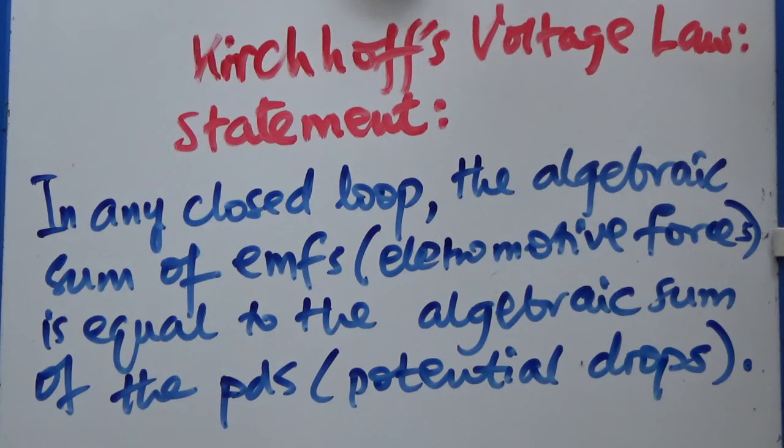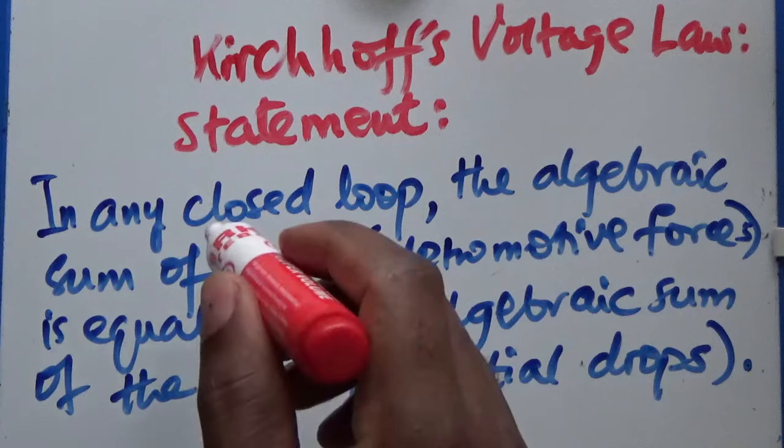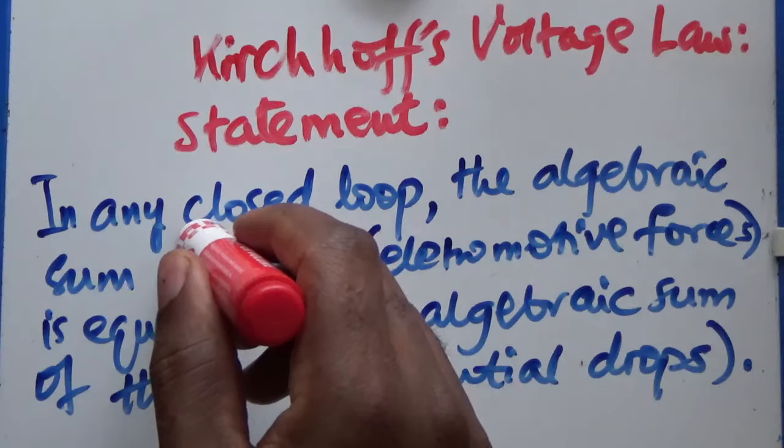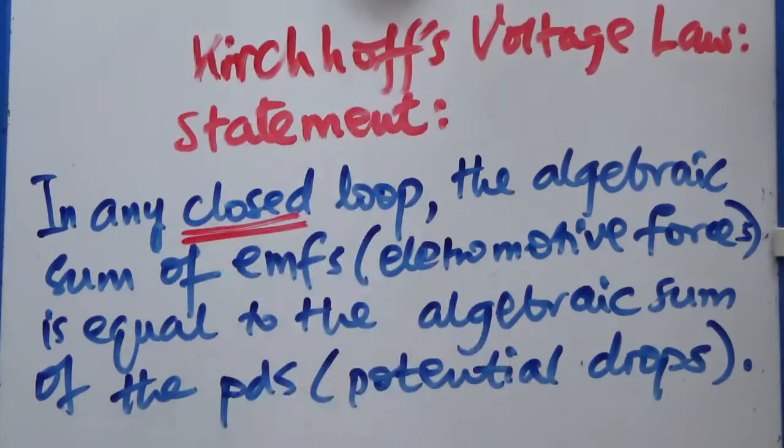I will highlight what it is all about, the potential drops and rise. So the key word here is closed loop. It means that you have your circuit with some battery which is providing the EMF. You have the resistor, for example, across which there is a potential drop.